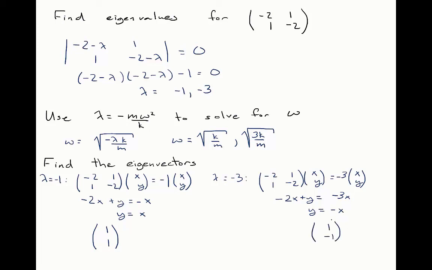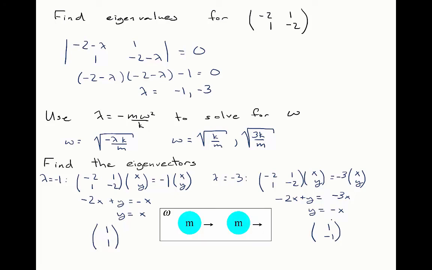But what does this mean? Okay, so when you have a system of springs like this, we have what are called normal modes. These are the modes of vibration that every complicated vibration can be written as a sum of. So if you have your spring vibrating such that your eigenvector is (1, 1), that means x equals y.